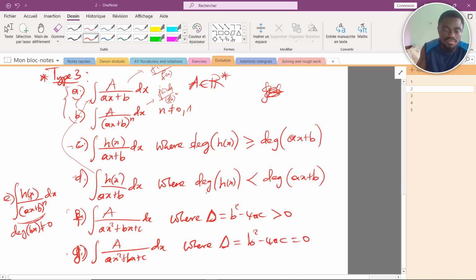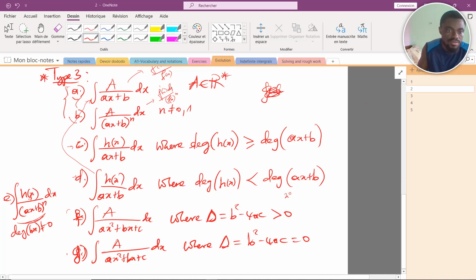So if this has to have a degree less than that of this, necessarily the degree of this must be 0, and if the degree of this is 0, that is the highest power of x is 0, it necessarily means this is a constant. So it will be the same thing as integrating this.